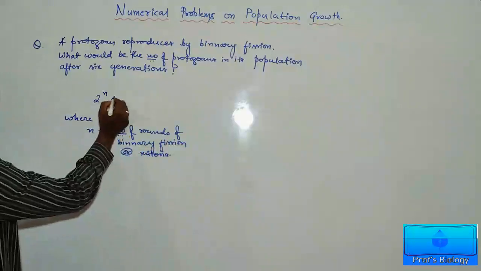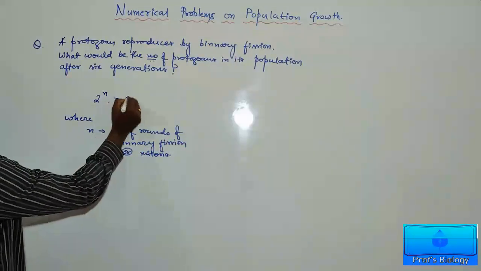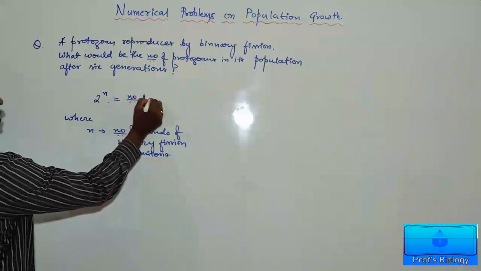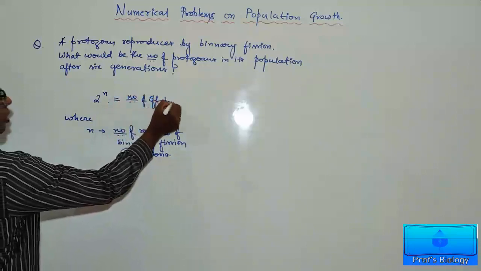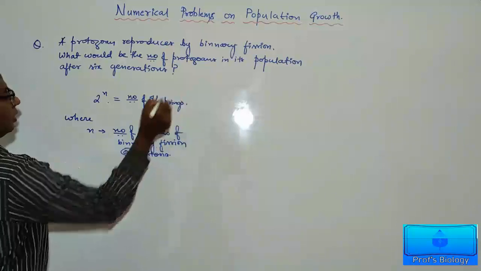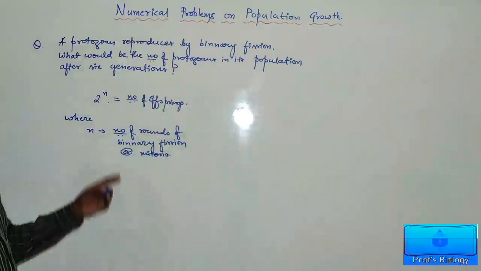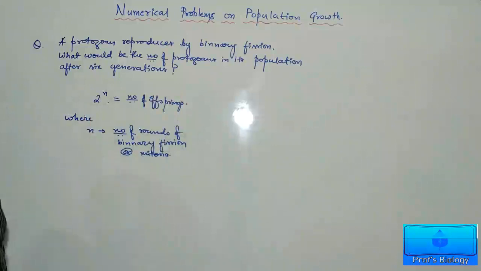This 2 to the power n will give you number of offsprings at the end of mitosis or binary fission. Please remember, this formula can't be applied to meiosis and multiple fissions.